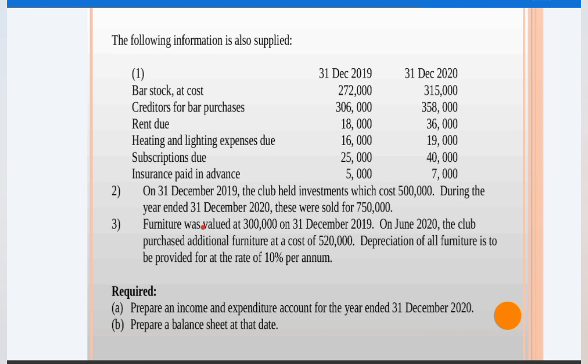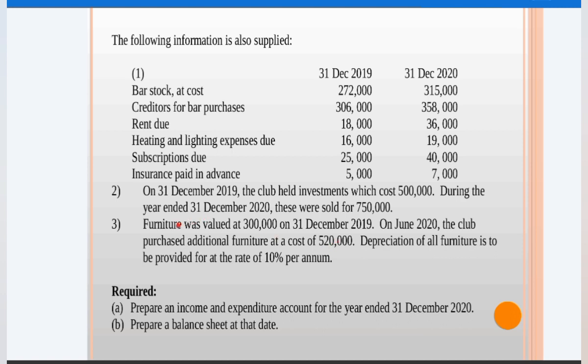Then you are told that furniture was valued at 300,000 at the start of the year. And we are told that in June 2020, in the middle of the current year, the club purchased additional furniture at a cost of 520,000.